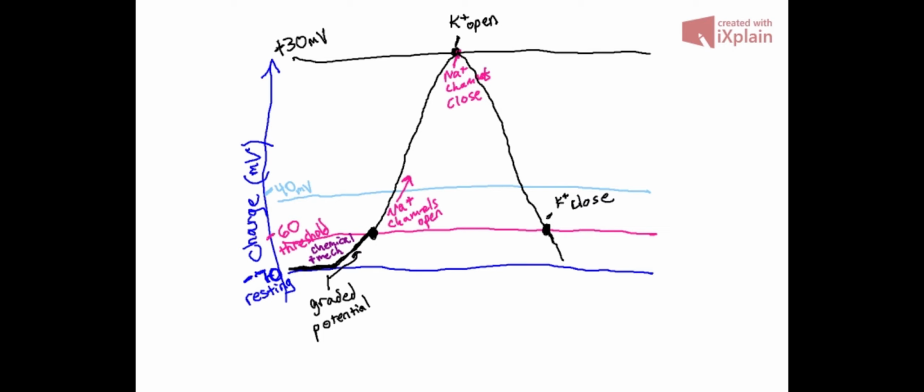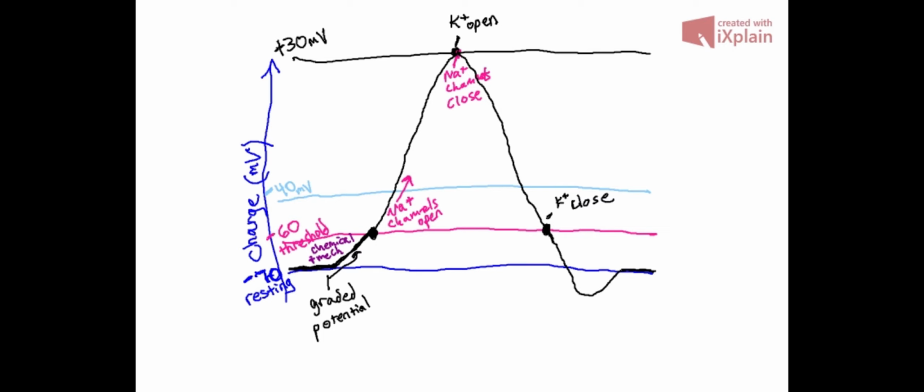So while the door is closing, some more potassium leaks out, making the cell more and more negative, even more negative than its normal resting membrane potential. And then the cell kind of balances itself out. It goes, oops, that was too much. We need to get back up to negative 70. And so it comes back up, balances itself out, and returns back to the resting potential.